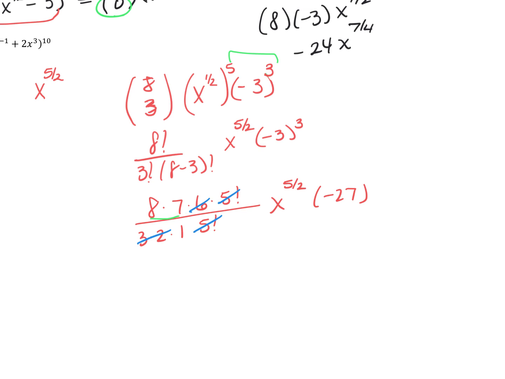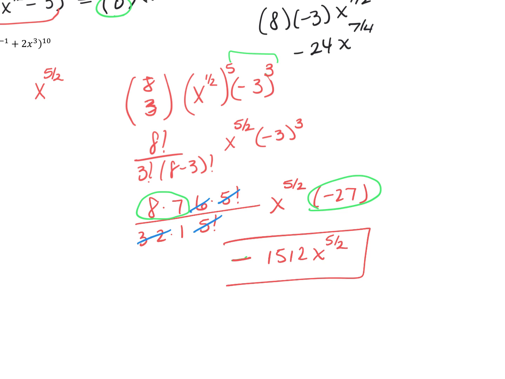So I'm going to take 8, multiply it by 7, multiply it by the negative 27, and that's going to give me my coefficient. So I have 8 multiplied by 7, multiplied by negative 27, which gives me negative 1,512 x raised to the 5/2.